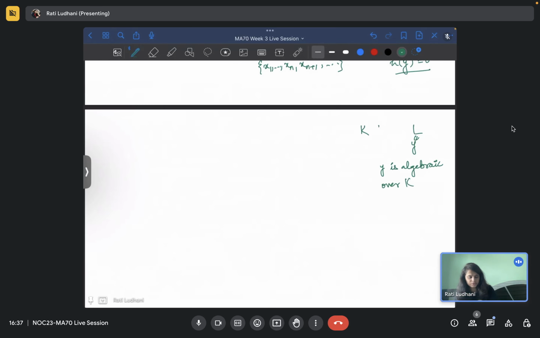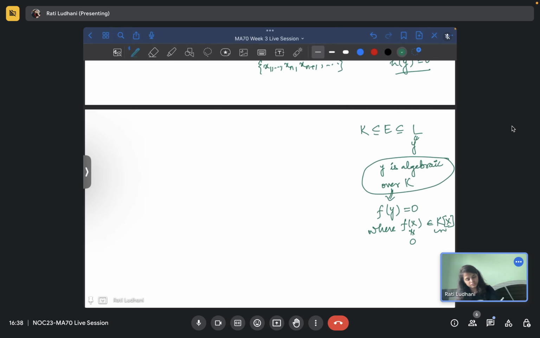Y is algebraic over any field between that. Sorry, I misunderstood what you were saying. Yeah, so y is algebraic over k. That means there is a polynomial f(x) such that f(y) is equal to 0, where f(x) belongs to k[x], a non-zero polynomial. And as the coefficients are in k, we can always say y is algebraic.